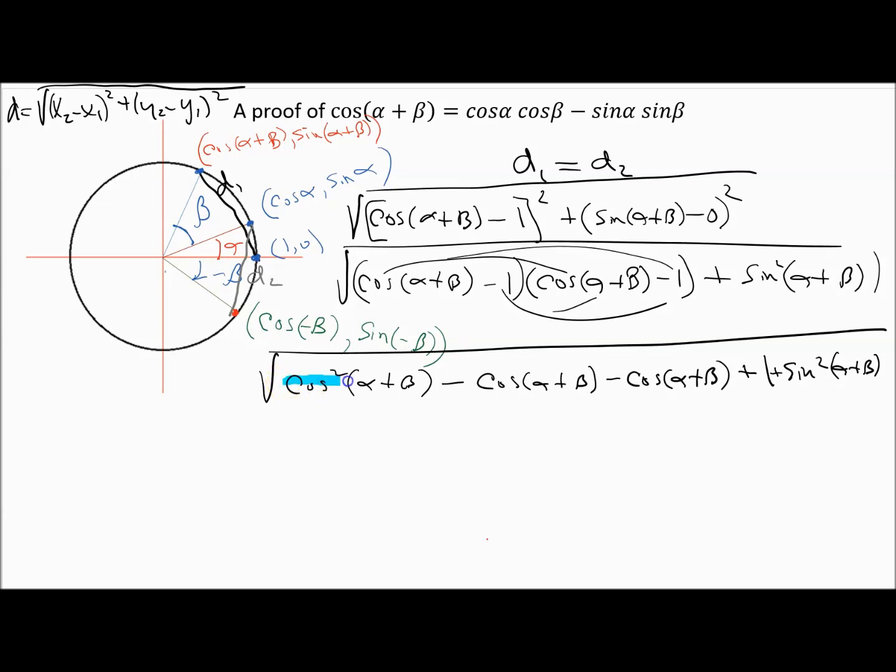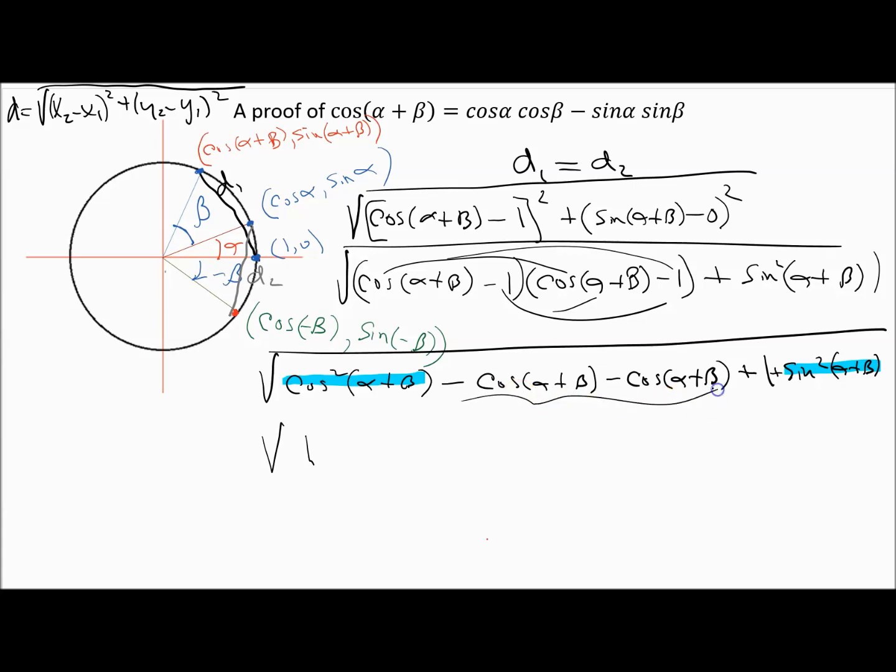Look, I've got cosine squared of alpha plus beta, and I've got sine squared of alpha plus beta. Now, what does that equal to? And now you know what that is. That's 1, right? Due to the Pythagorean theorem. So when I simplify this, I get the square root of 1.